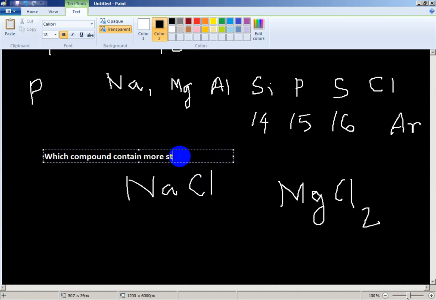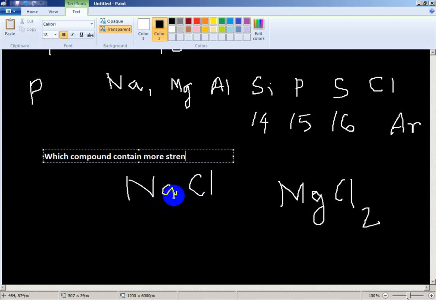When positive and negative charged atoms interact, they form an ionic bond. Between metal and non-metal, ionic bond. So these two substances contain ionic bonding. When non-metal and non-metal, covalent bonding; when metal and metal, metallic bonding; here metal and non-metal, ionic bonding.